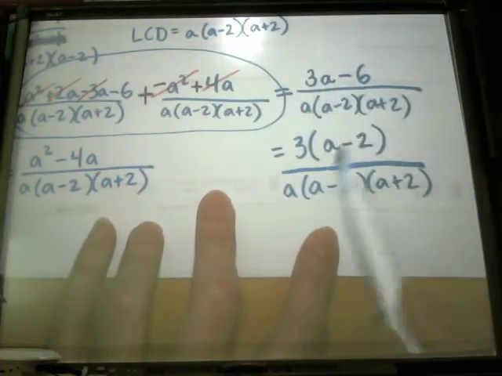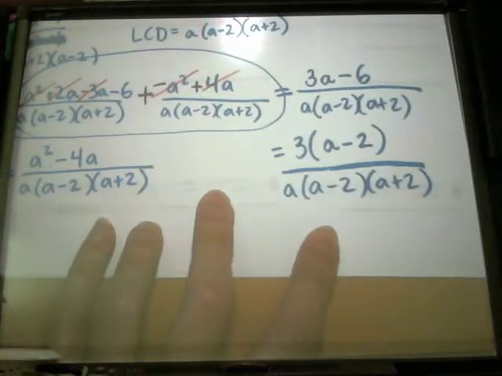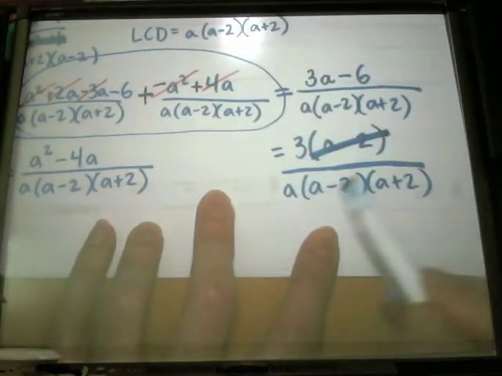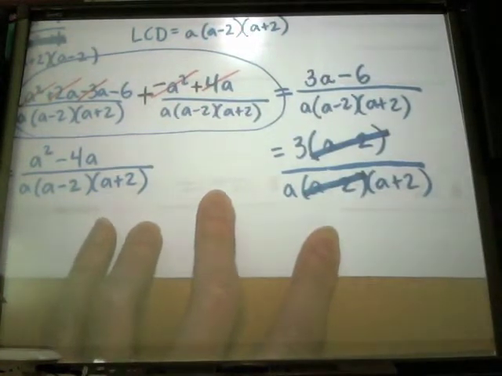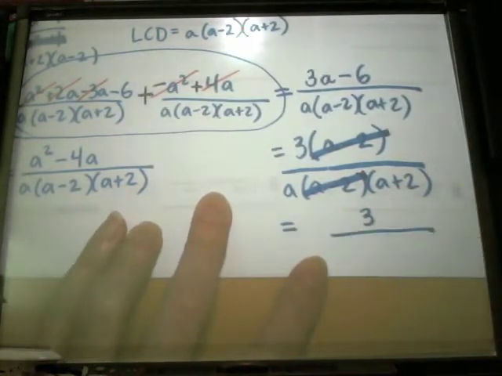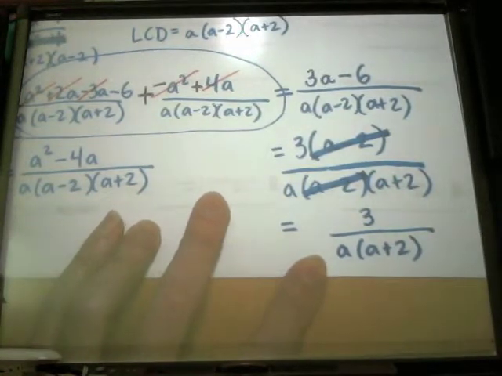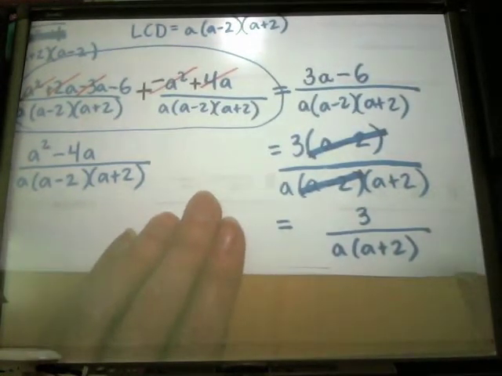When I factor out the 3 and it leaves a minus 2, that's being multiplied. This is being multiplied in my denominator. I can cancel whole binomials when they're being multiplied. Those cancel out. Final answer, this time we're done. A times a plus 2 is my denominator, and 3 is my numerator.